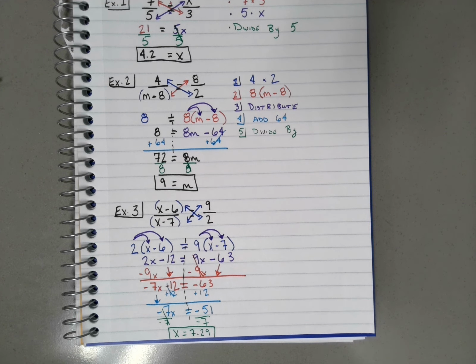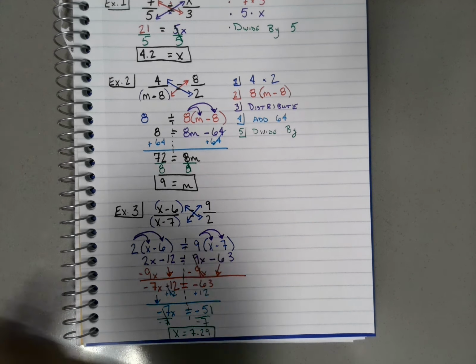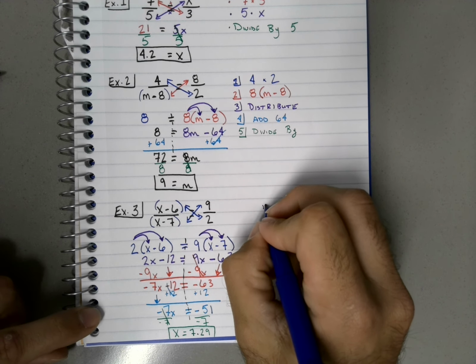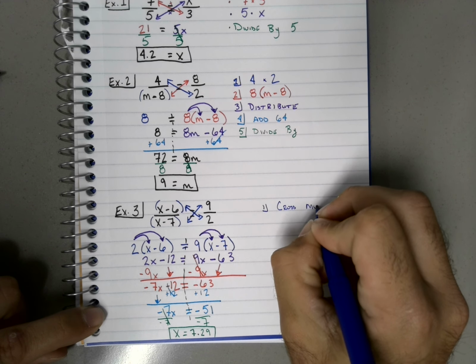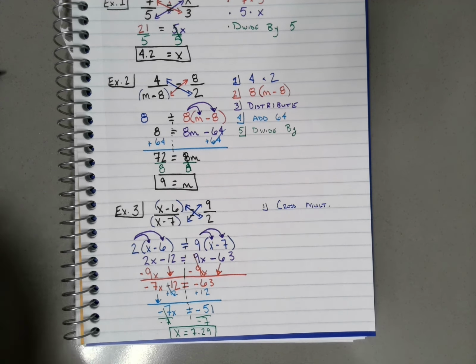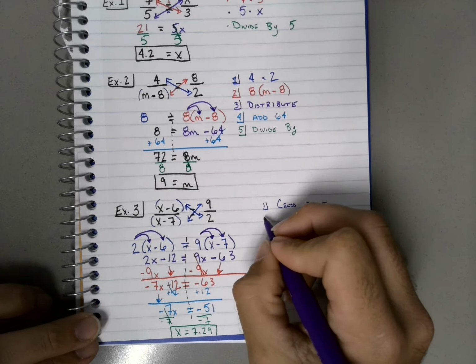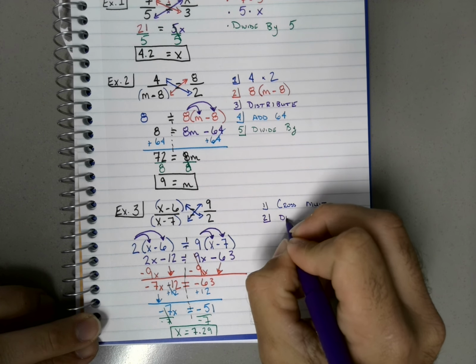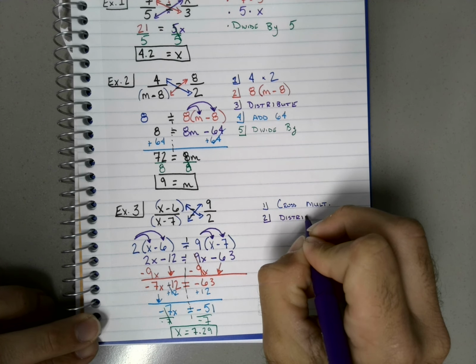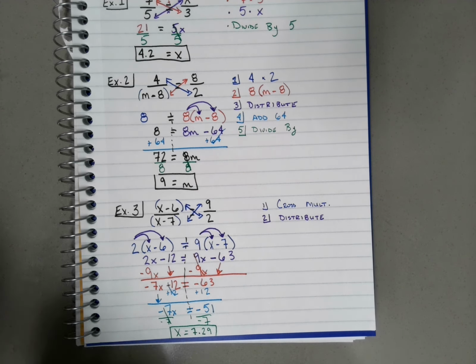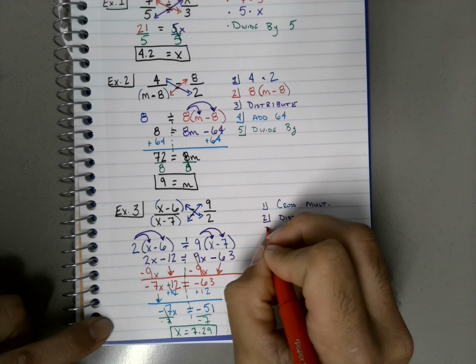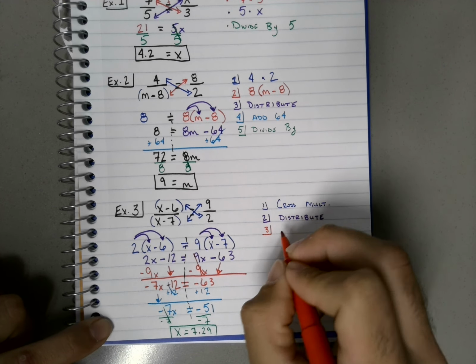All right? So, if you need the steps, what we did first, we cross multiplied, and I'll abbreviate here. The second step we did, distribute. Then we move the variable.